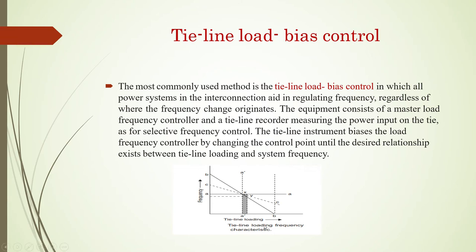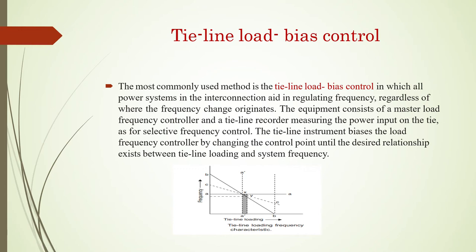So this is a diagram showing frequency versus tie line loading. Here you can see there are three lines: BB, AA and CC. The solid line BB represents the characteristics similar to the governor characteristics.